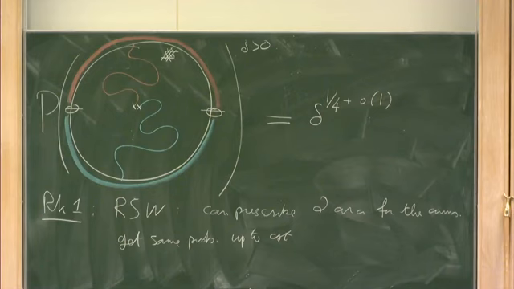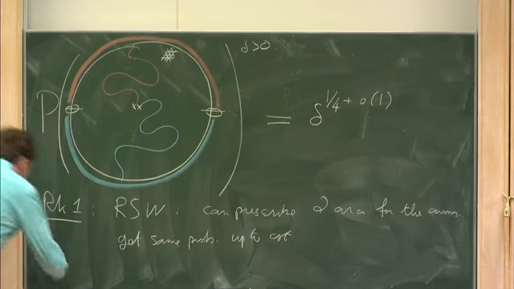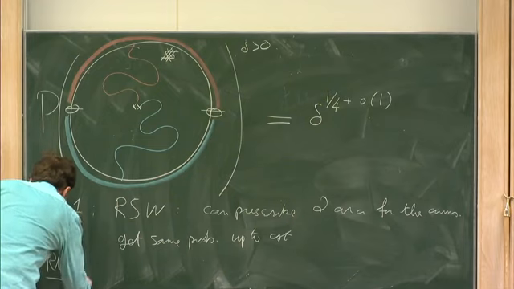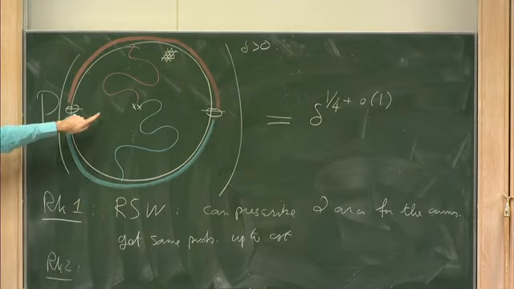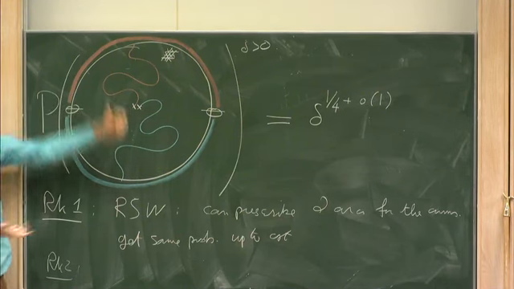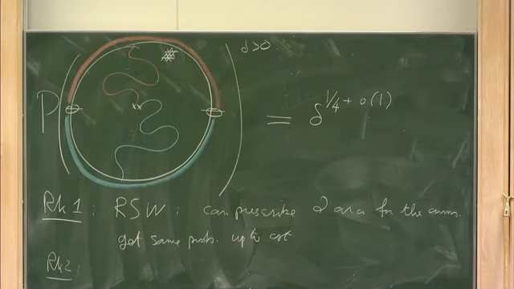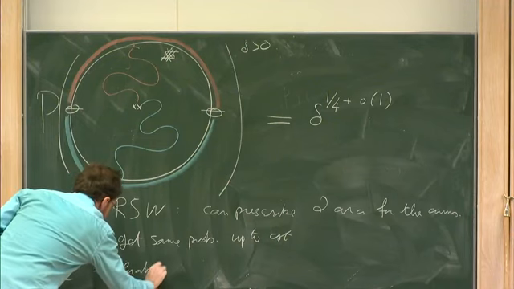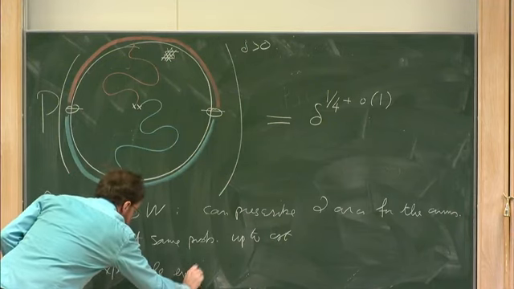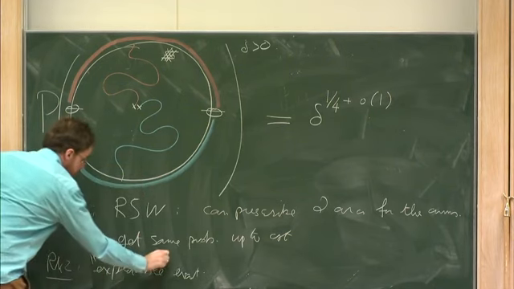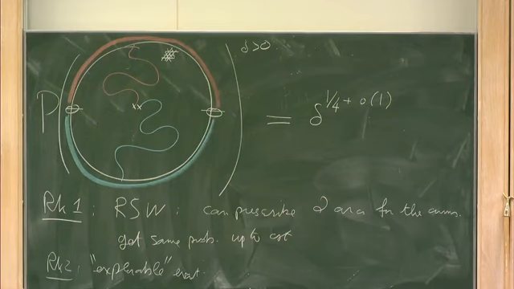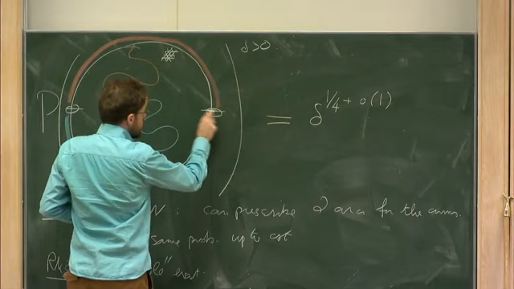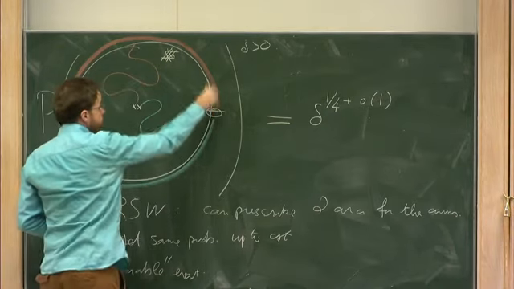Okay, the second remark is that, now that these two points are connected to these two halves of the boundary, you can tell if this event is happening or not by looking at the exploration process. So if you wanted some explorable event, you start your exploration process here. It's exploring, having red on the right and blue on the left.